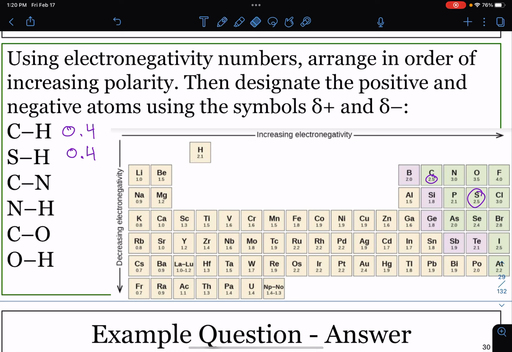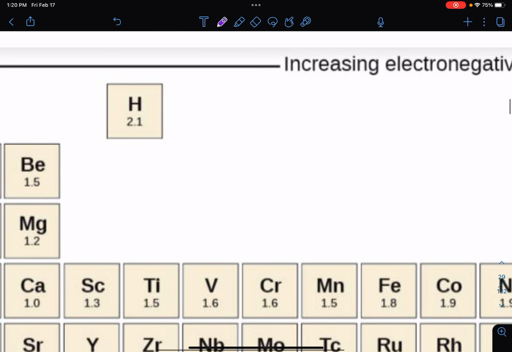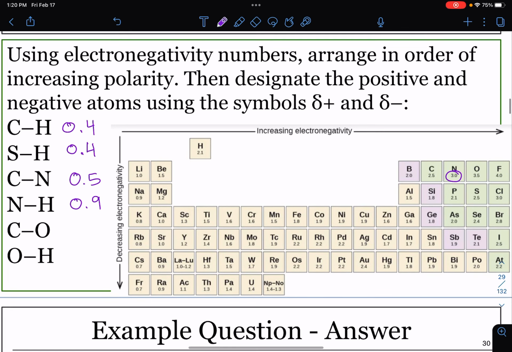Carbon and nitrogen have a difference of 0.5. We consider this bond to be polar covalent. The electrons hang around nitrogen a little bit more. The difference between nitrogen and hydrogen, we have a 3.0 and a 2.1, so the difference between them is 0.9.